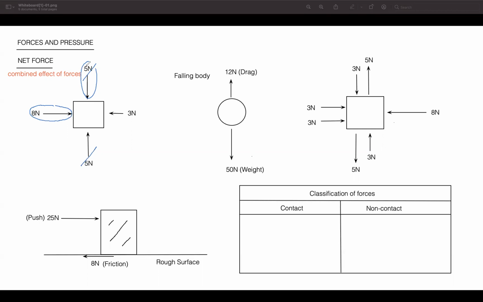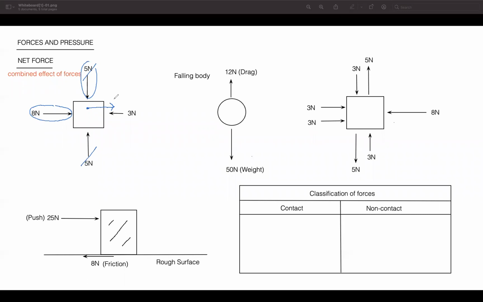Okay, now the top one, 5 Newton, is cancelled out by the bottom force. And then we look at these two forces, 8 Newton and 3 Newton. If I push it to the right with an 8 Newton force, and somebody pushes it with 3 Newton, then my force becomes less, right? 8 Newton still to the right because my force is bigger.